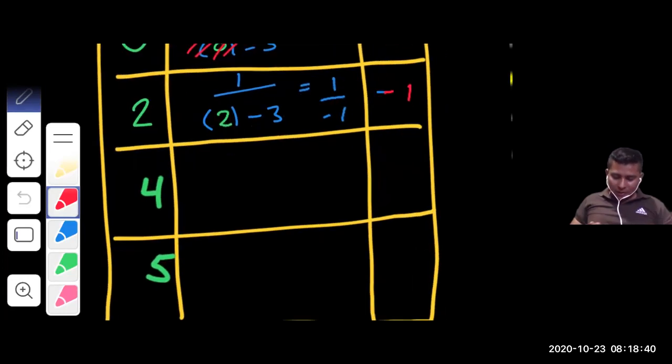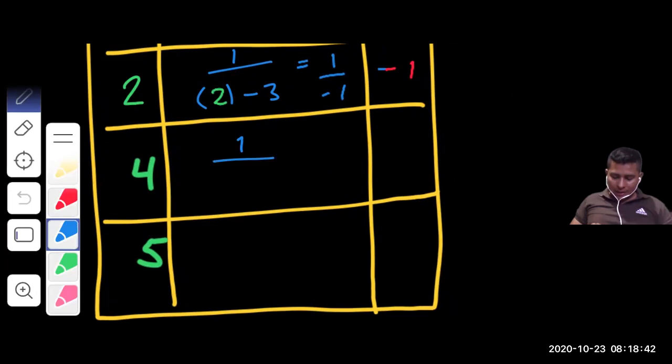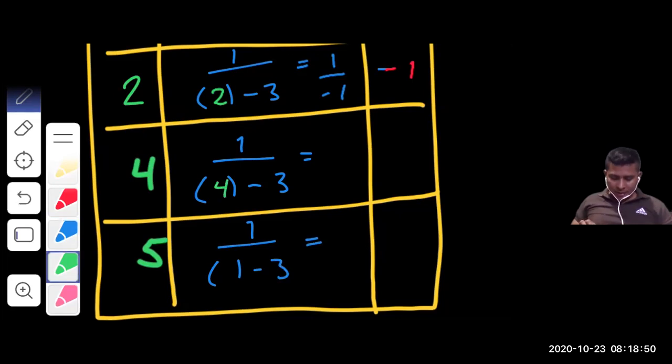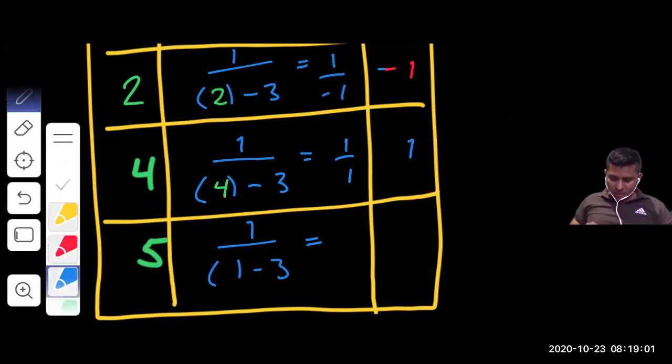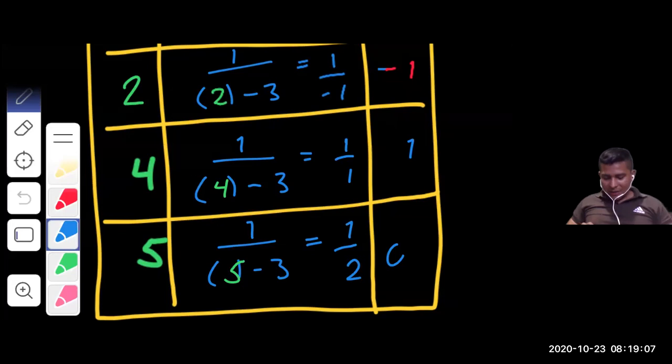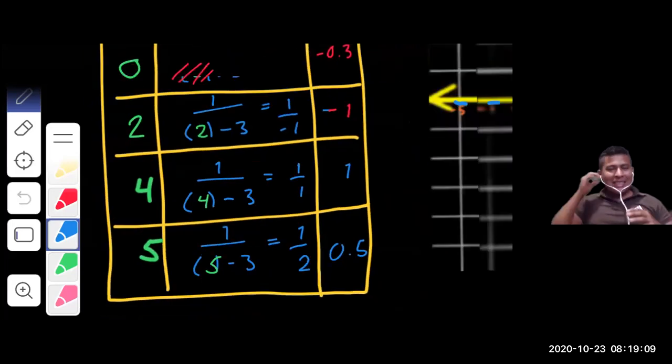And with 4, 1 over 4 minus 3 is 1 over 1, positive 1. And with 5, we're going to get 1 over 5 minus 3, which is 0.5. Take a look, guys.